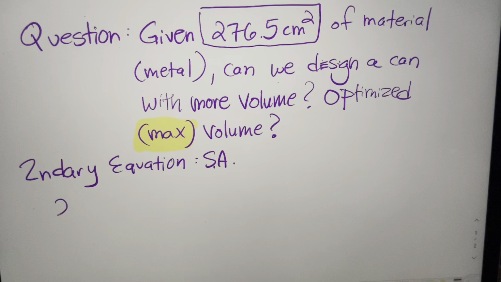for, don't forget, this is the original can's surface area. Let's label this the original can surface area. Well, let's find the original can volume. The volume is going to be the area of the top of the can, which is pi r squared, times the height of the can.